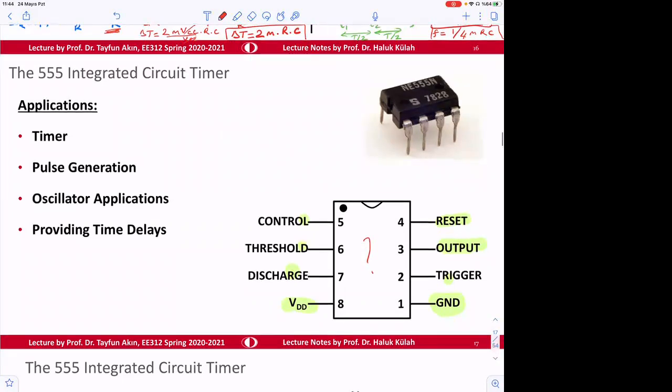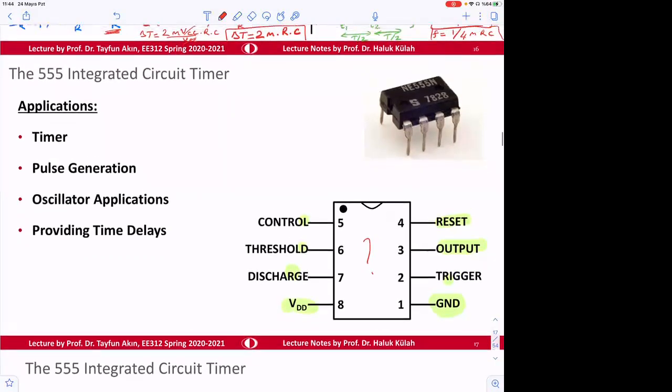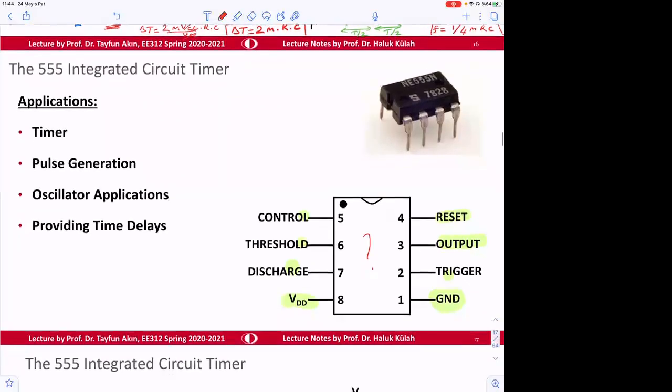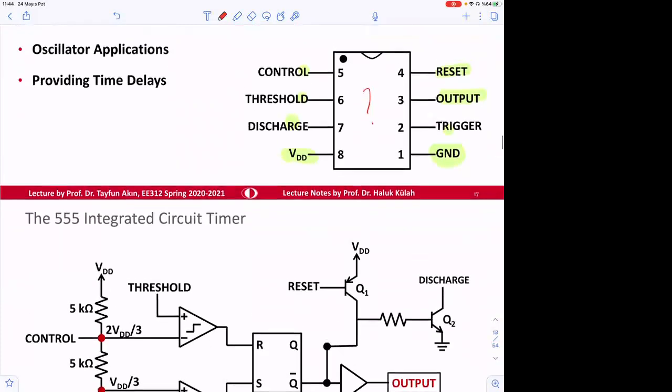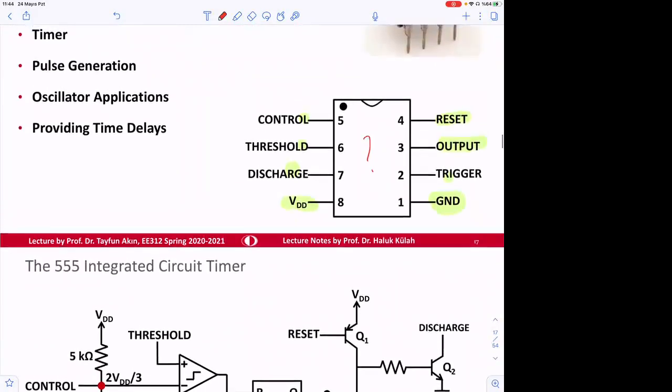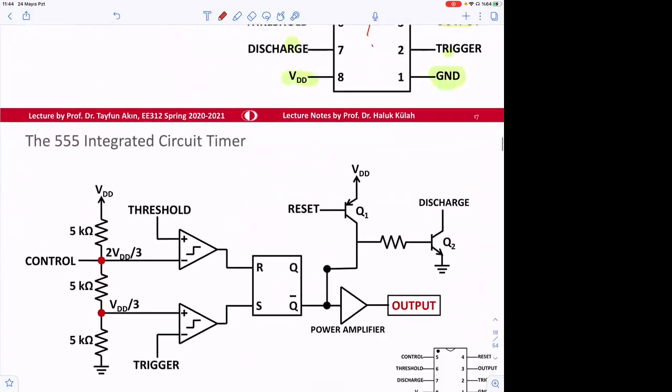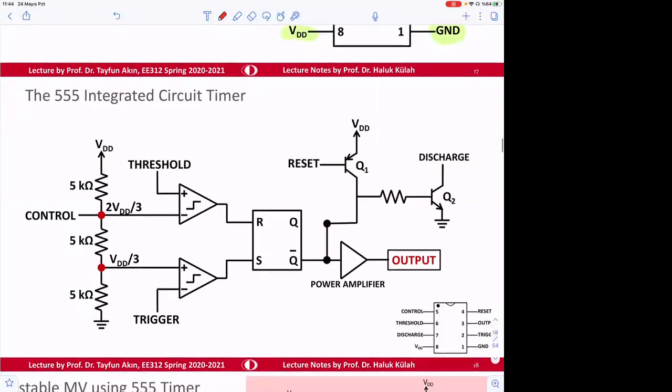In order to understand and use this, we need to look at what is inside, and this is part of the course work. This is not a very complicated circuit inside.